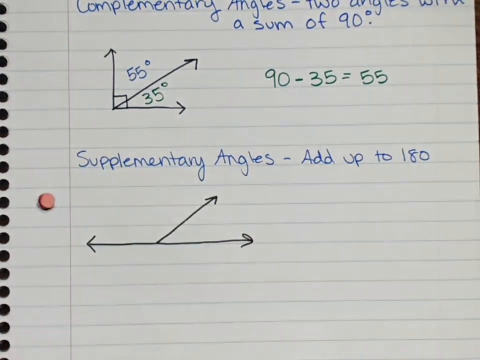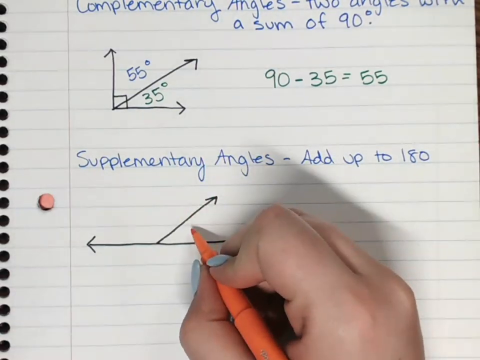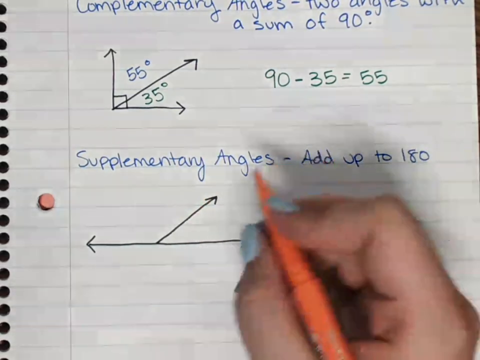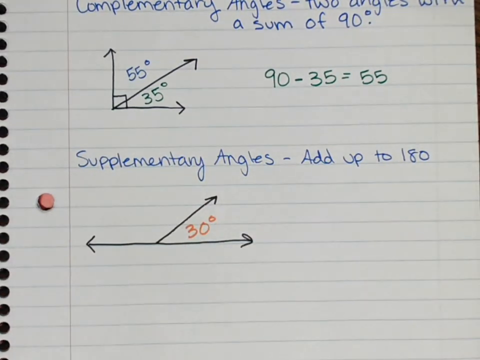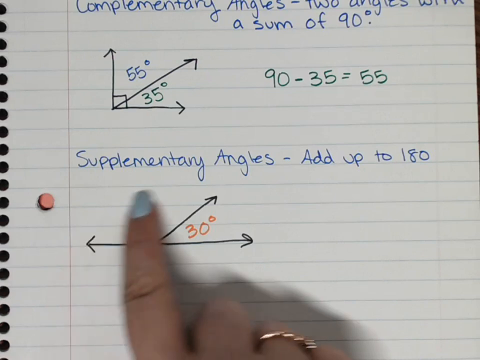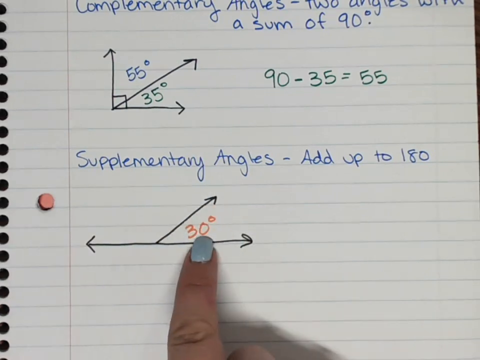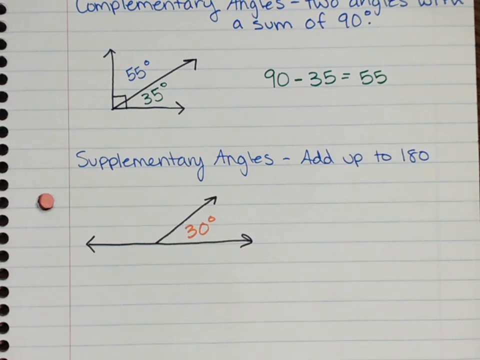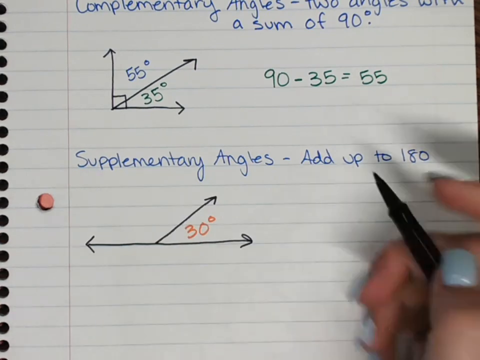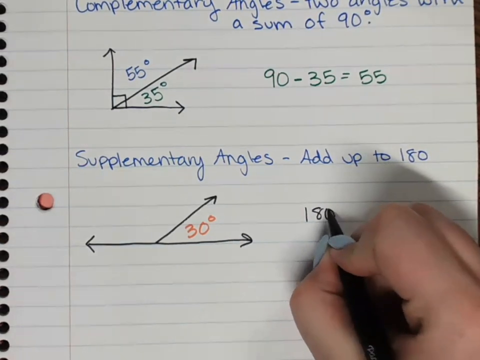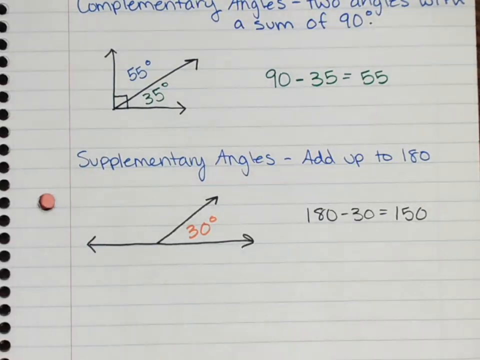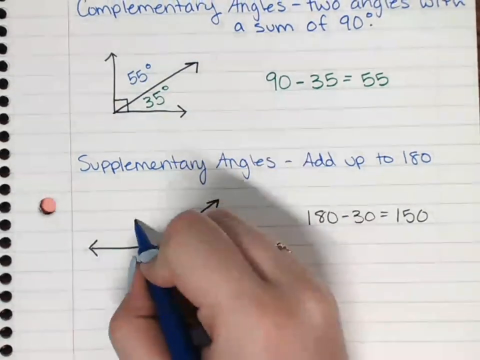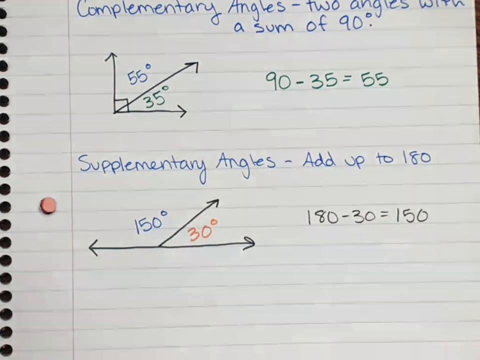So let's say this angle is 30 degrees. I want you to pause the video real quick and figure out, if this whole thing is 180 and this is 30, what is this obtuse angle right here? Okay, I hope we did 180 minus 30 equals 150 degrees. So this angle here is 150 degrees.